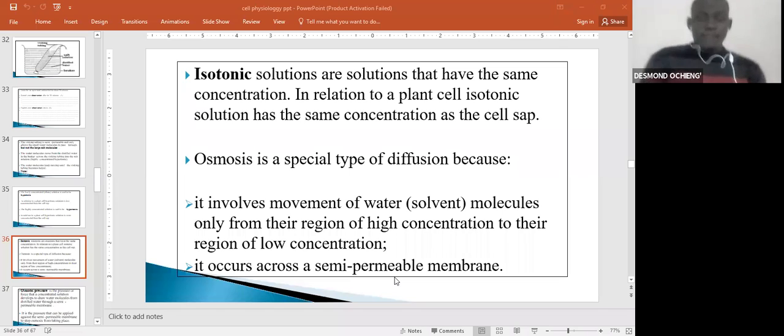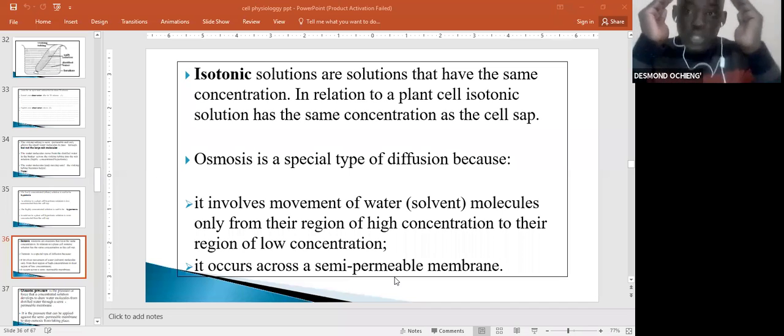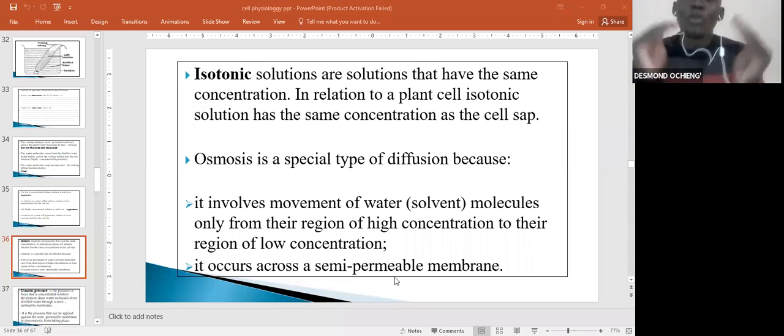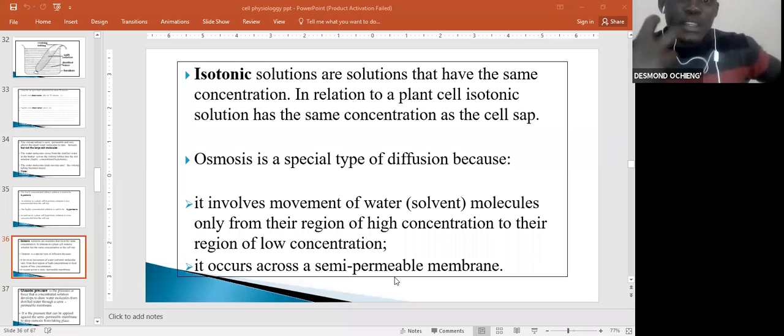Great. So I think I've answered that. The person was asking about using water in osmosis and not in diffusion. In osmosis, we're only talking about solvent molecules or water molecules. A solvent can be any liquid that has the ability to dissolve a particular solute.